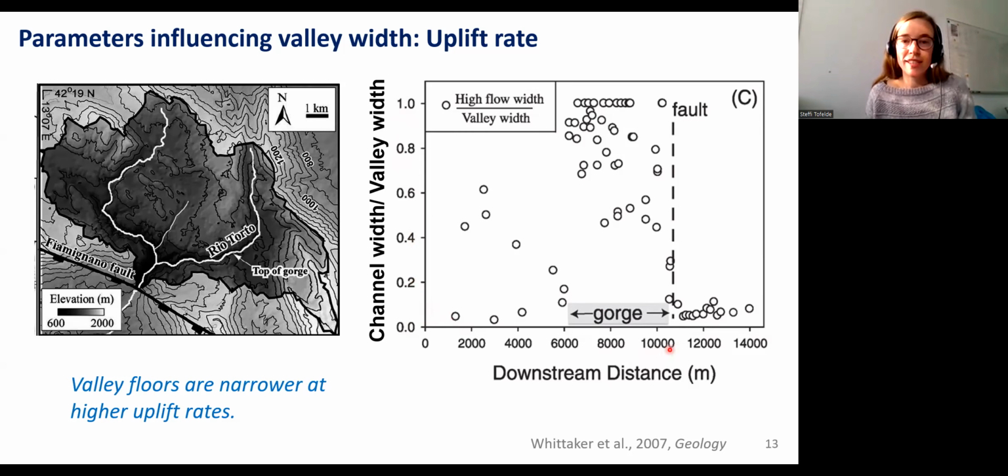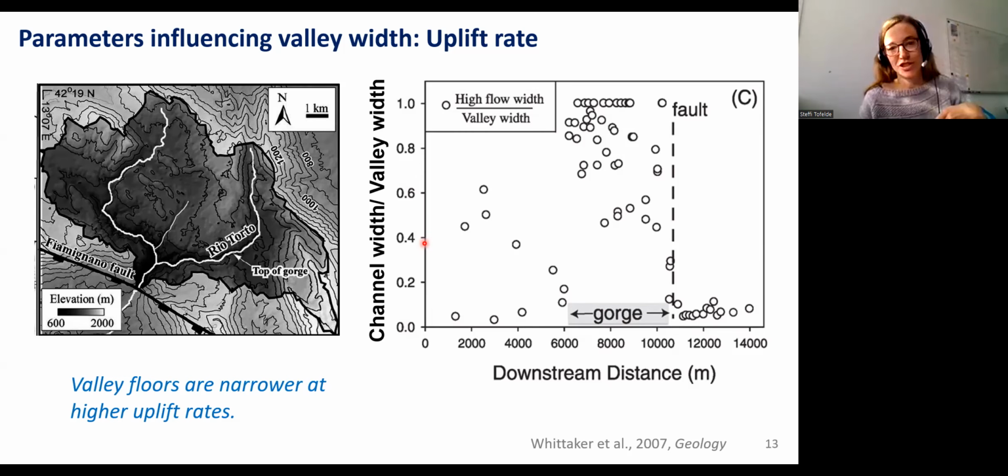And so we can see downstream of the normal fold, we have very low values, so the valley is extremely wide compared to the river. Upstream in the gorge, where we have most of the uplift, the ratio gets closer to 1, so the valley becomes narrower, and then even further upstream, the ratio decreases again.